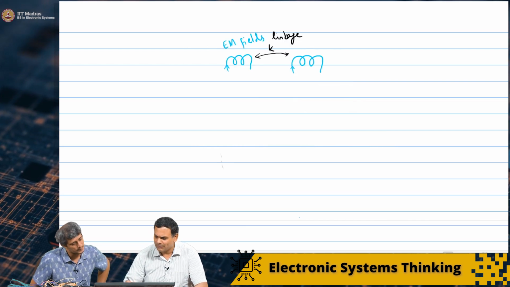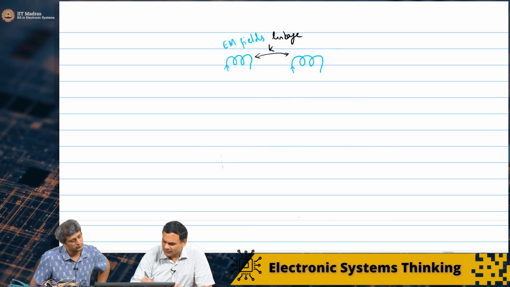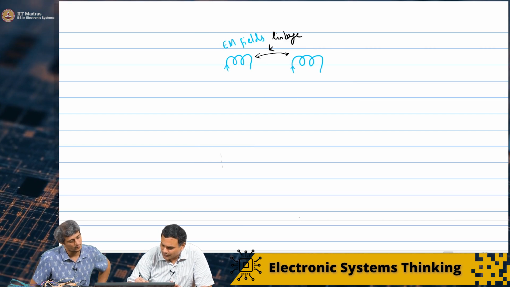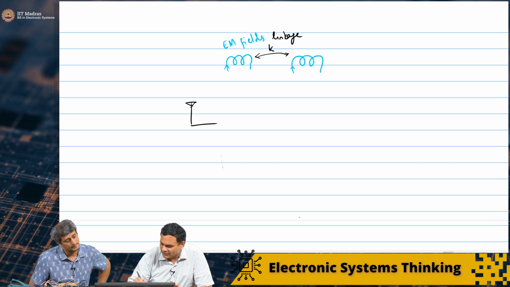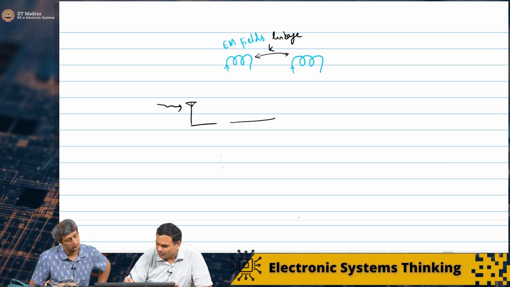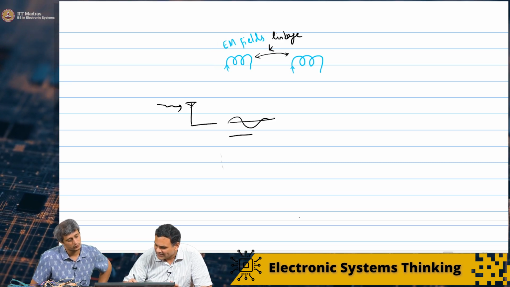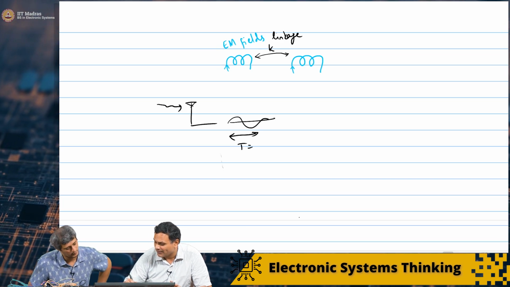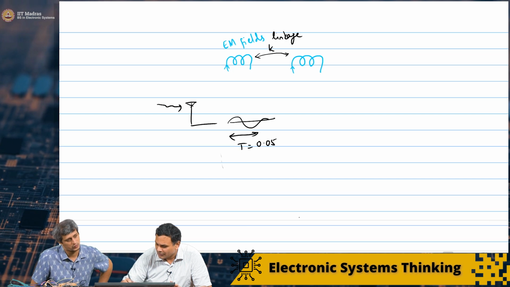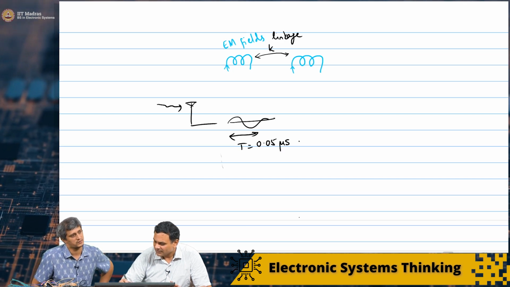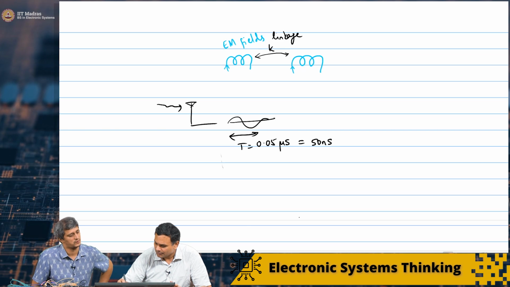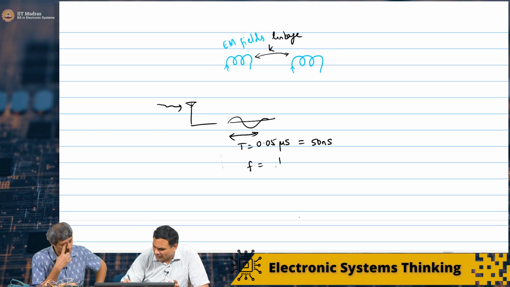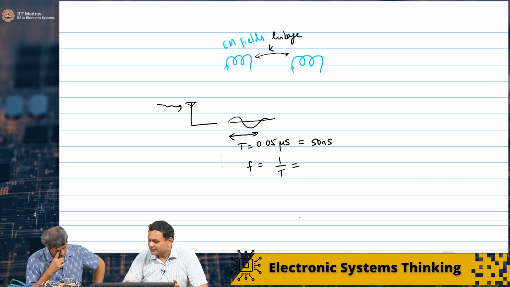We are not sending anything, but the antenna is picking up something whose time period is about 50 nanoseconds, which means the frequency is 1 over T, which is about 2 gigahertz.